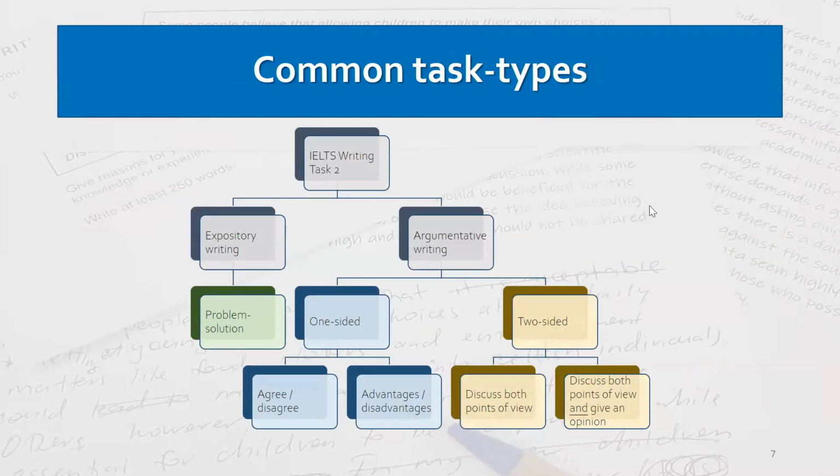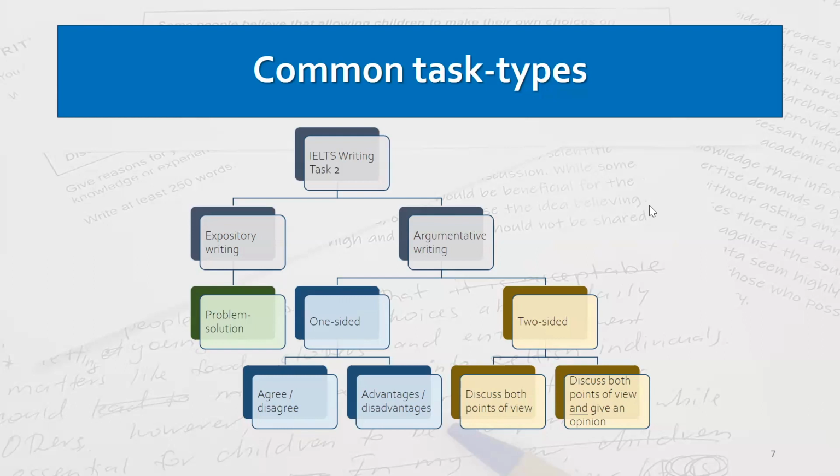Sometimes you are told to explain the advantages or disadvantages of something in a one-sided argumentative piece of work. Okay, this is again not very difficult to handle because it's one-sided in nature, but it would be good if you could also consider the opposing view.